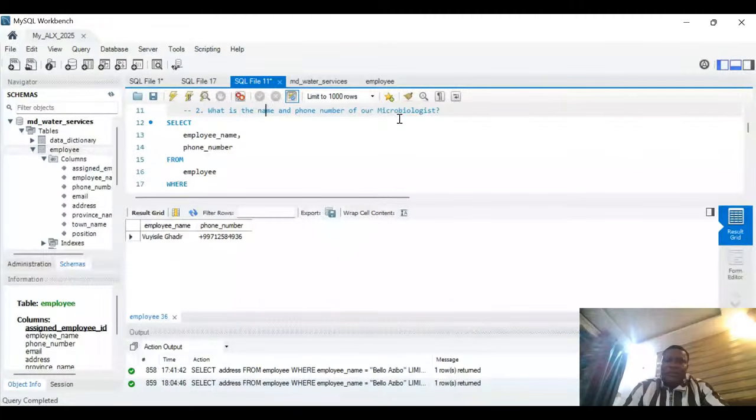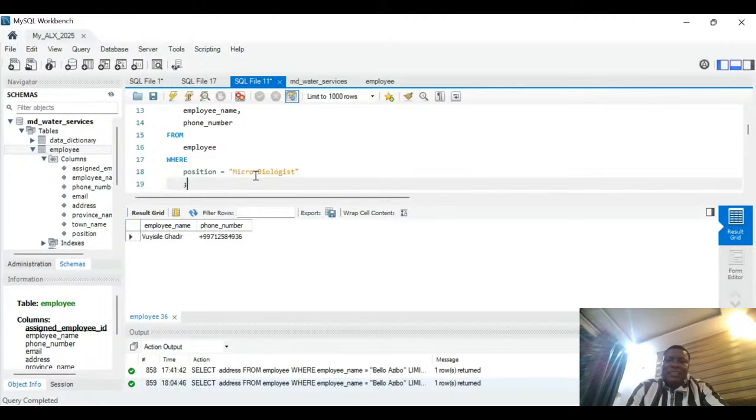In the question itself, they put the word microbiologist together. But when you go into the table itself, it is not together. So if you put it like that, the query will return an error, or it will not return anything for you.